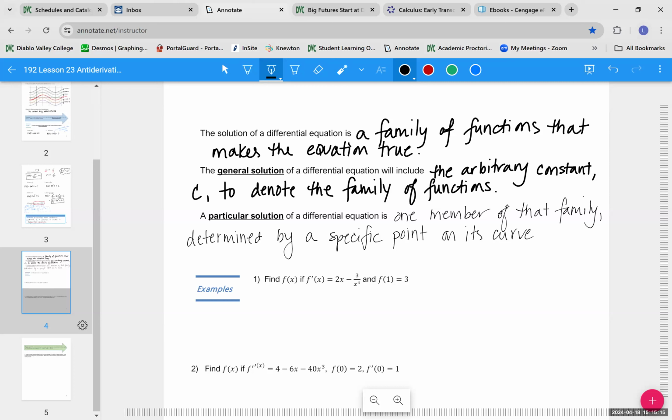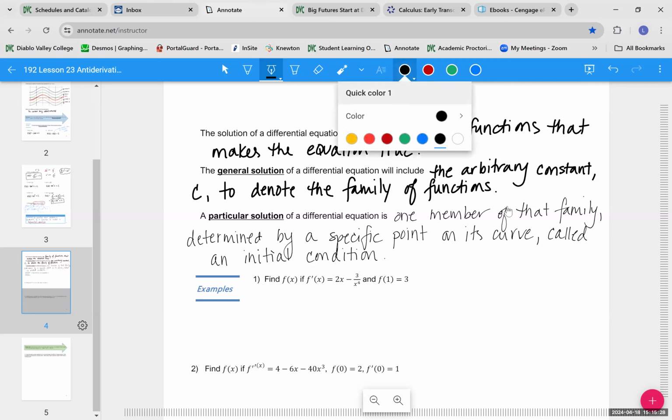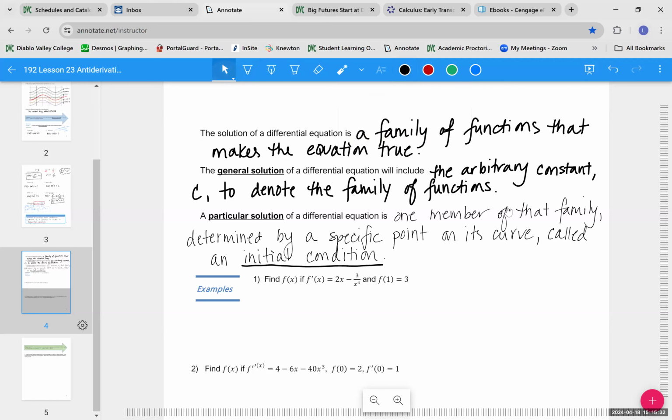And we call that an initial condition. So we are defining this word initial condition in this discussion.